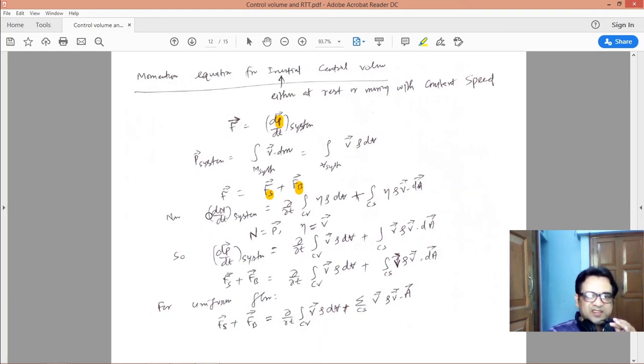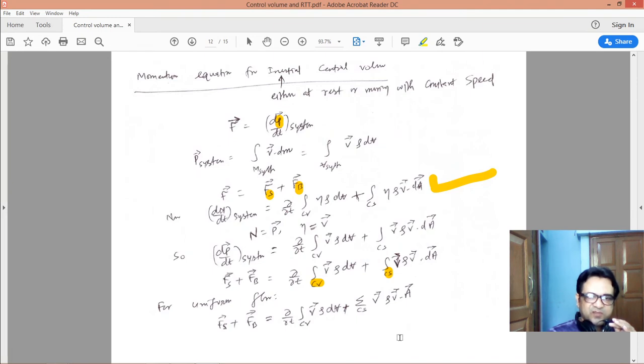Now apply the Reynolds transport theorem. Already we know the different terms. In this case N equal to P, so eta equal to P by m, nothing but the velocity. So dP by dt for the system is this. So Fs plus Fb equal to this. One is a volumetric integral, another one is a surface integral.